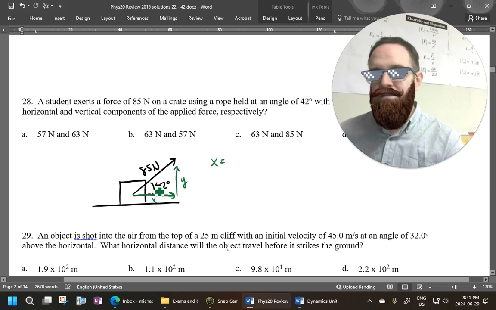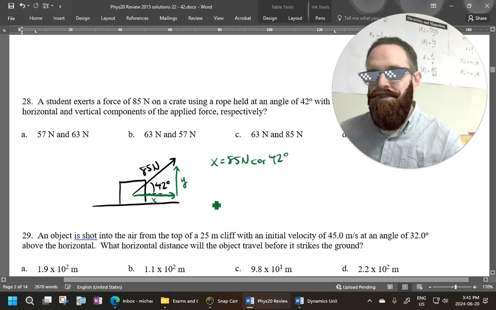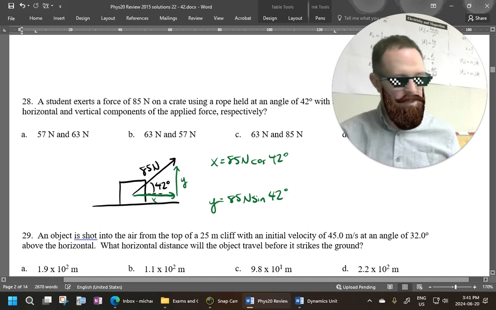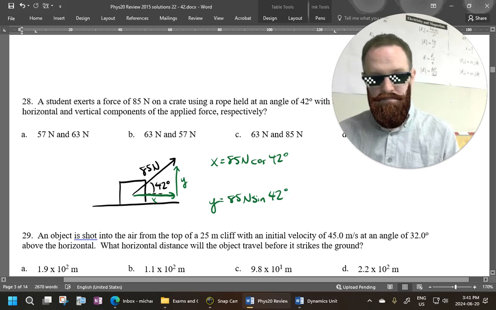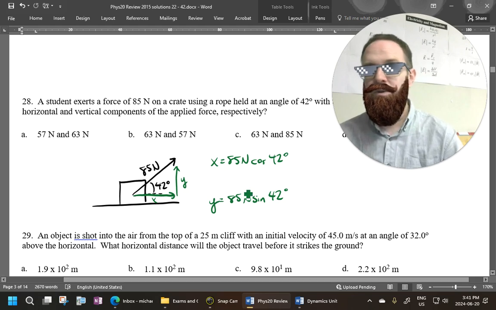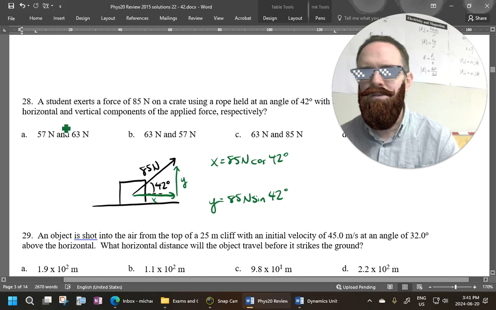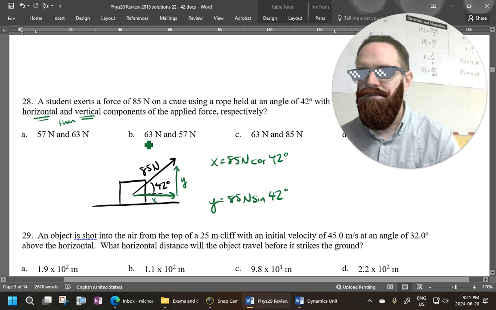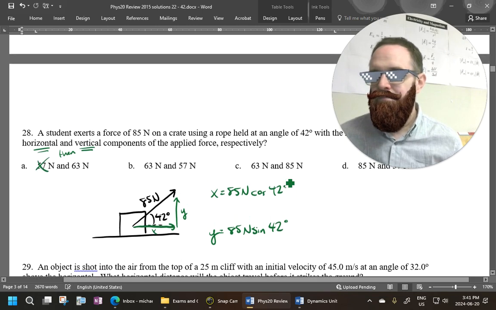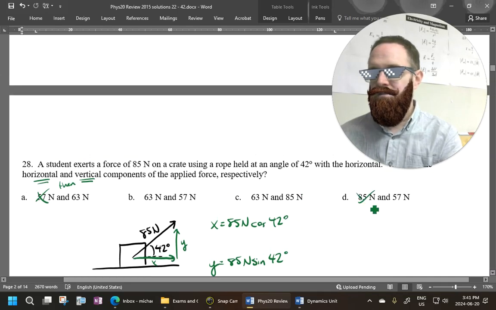So remember, to find the x, since that's adjacent, I'm going to use cos 42, and to find the y, I'm going to use sine, because that's across the triangle from the angle of 42. Okay, so 85 times cos 42 gives me 63. They want it respectively, so they want the horizontal first. So it's not going to be this one, and it's not D, because that's the wrong first one.